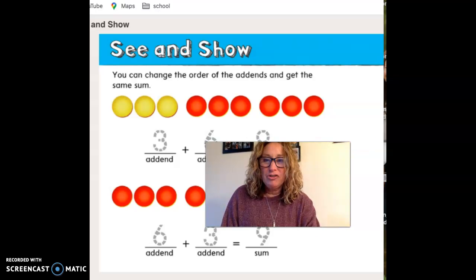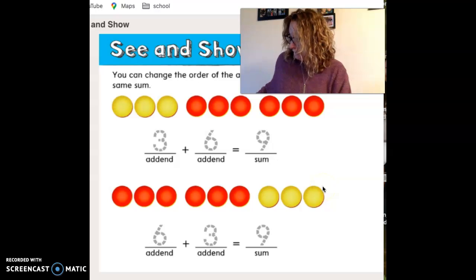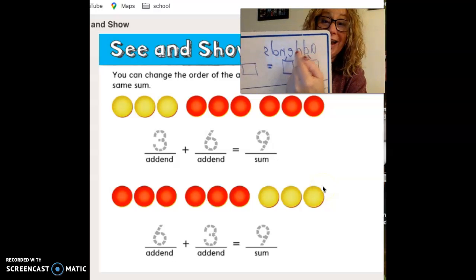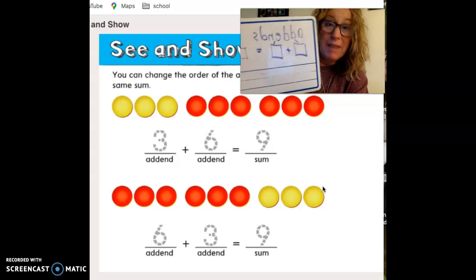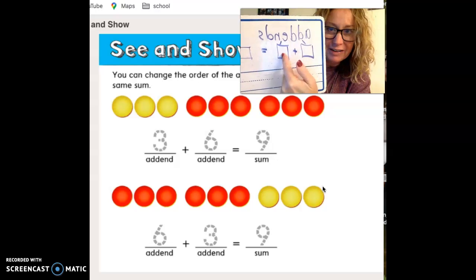It says, can you change the order of the addends to get the same sum? Okay, now remember addends, if you can say that word, addends, that's a mathematical word for the numbers that you're adding. These are addends.